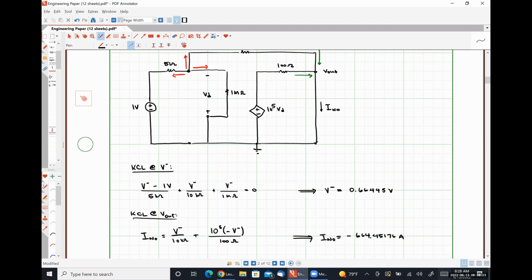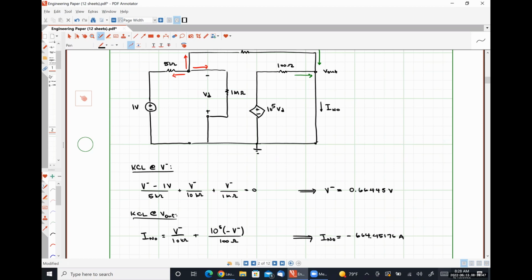Now I do want to point something out here. There are very few op amps that have been designed that would be able to actually carry a current of 665 amps, right? This is a mathematical construct that is allowing us to determine how the system is going to behave.